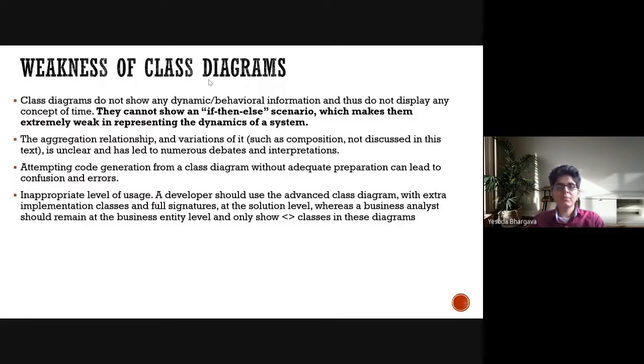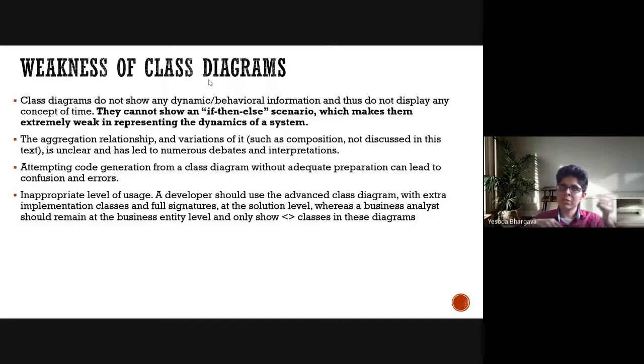The other trouble with class diagrams is the nature of the association. It sometimes gets very confusing very quickly to identify the nature of relationships. So whenever you are in doubt, just put an association relationship. And although class diagrams help in the coding bit, generally you would want to look at the advanced level class diagrams with extra implementation classes, because there are much deeper levels of classes.